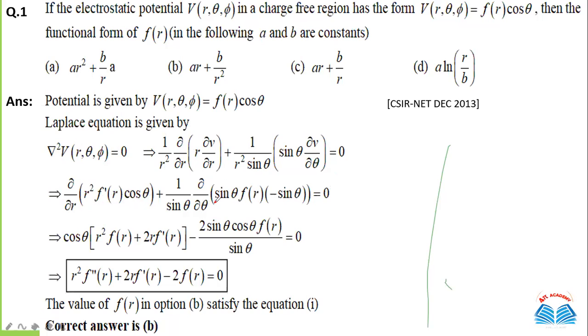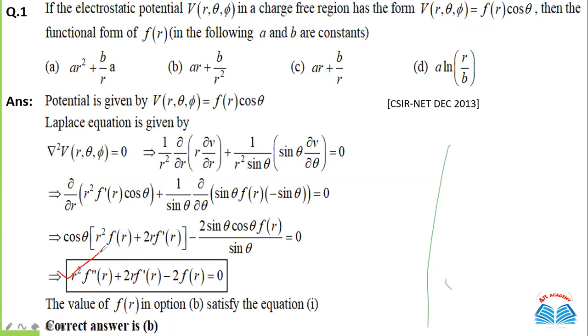And you can solve this mathematically. I am not going to tell you how to differentiate or integrate. So you can solve this, and thus you will get this solution: r squared F double dash r plus 2r F dash r minus 2F(r) equals 0.